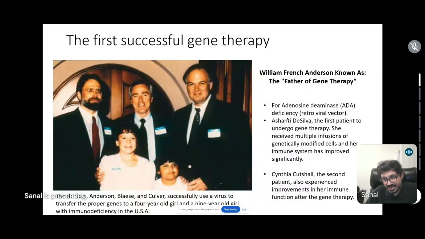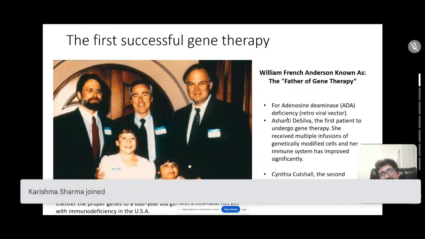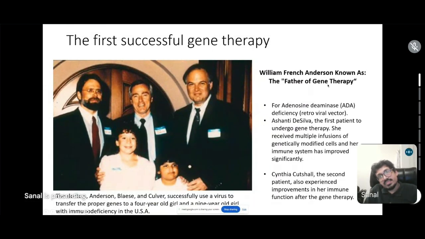Essentially, these kids are kept in a bubble, or a highly clean room. That's why they were called bubble babies, because if they go out of these clean rooms, they will immediately get infections and die. So this girl was saved by using adenosine deaminase gene therapy using a retroviral vector.